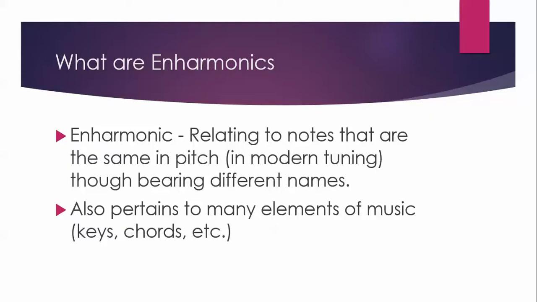Enharmonic relates to notes that are the same in pitch in modern tuning, though bearing different names. And you'll learn later on that the term enharmonic will also apply to keys, to chords, and to many other elements of music. So again, enharmonic simply means that a tone having the same pitch will have different names.